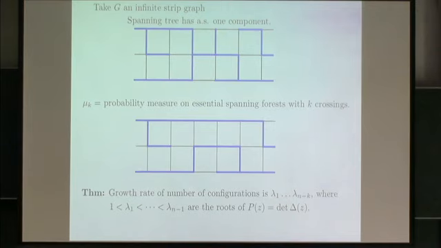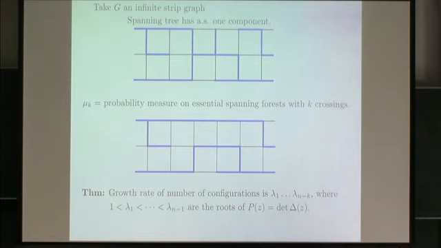But nothing is preventing me from considering a different kind of measure, let's call it mu k, a probability measure on configurations of forests, so each component is a tree, a bi-infinite tree, and they're disjoint from each other.